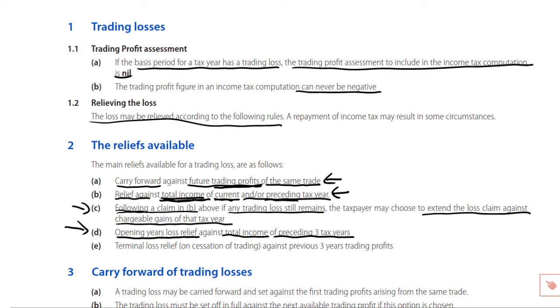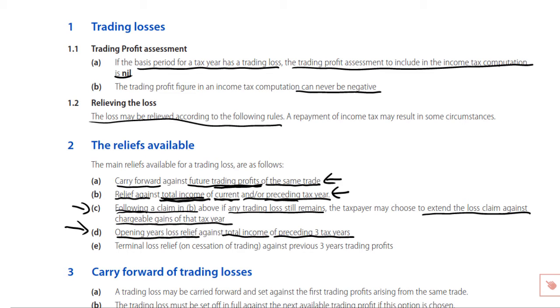The point is that if you are a new business and you sustain a loss early on in that new business, you have the opportunity to carry the loss back much further than if you'd been an existing business trading for more than 4 tax years. There you'd only be able to carry back against total income of the preceding year. Here we can carry back against the total income of the preceding 3 tax years.